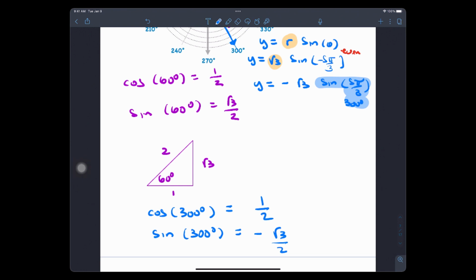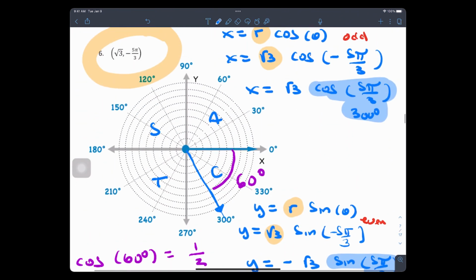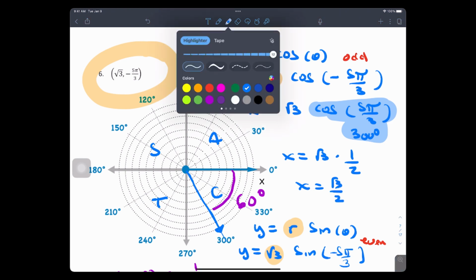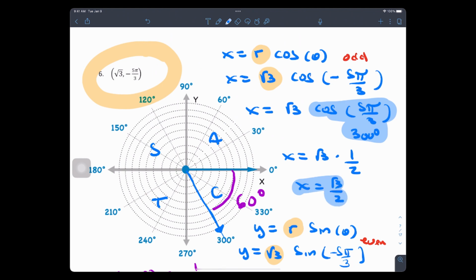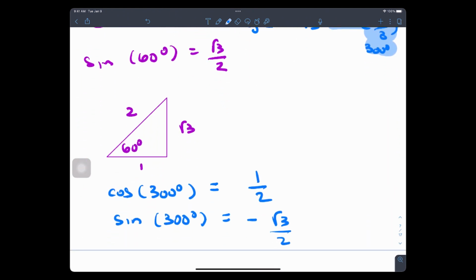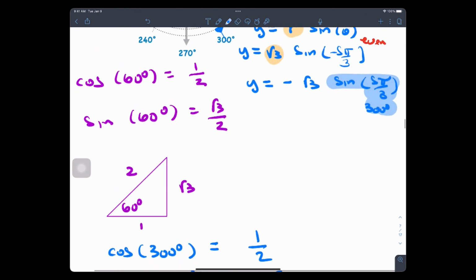So ladies and gentlemen, let's see what this is here. So what is my x coordinate? Square root of 3 over 2 times 1/2, or square root of 3 over 2. Maybe you prefer the algebra. Your y coordinate is minus, right?